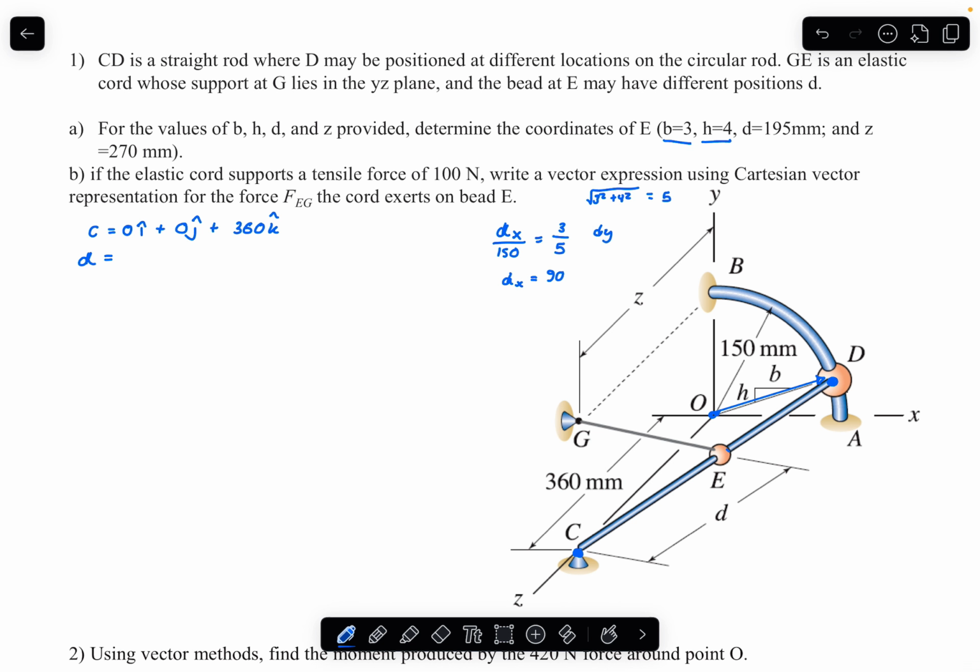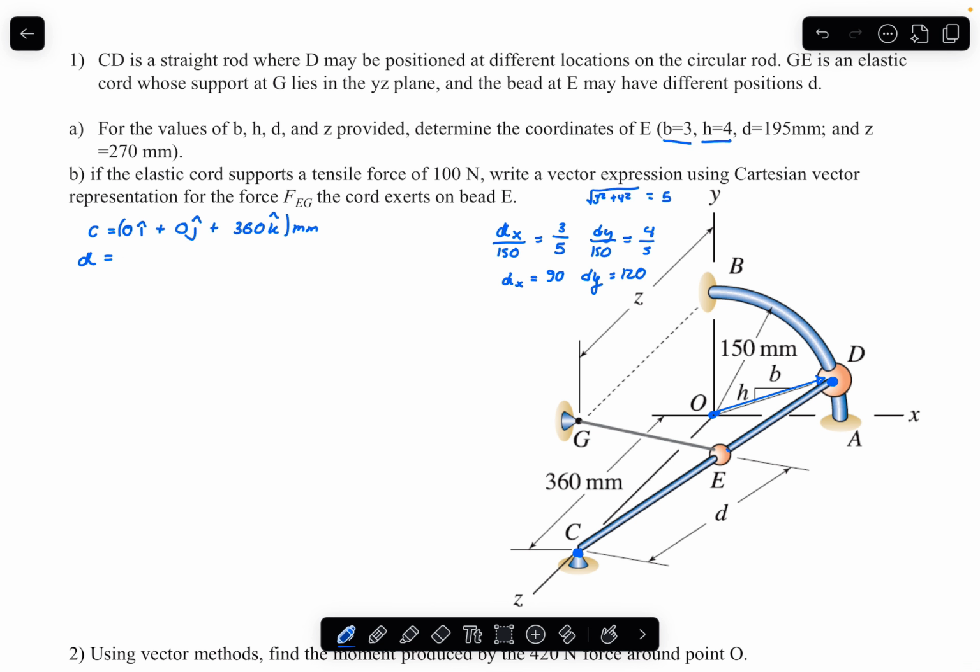Then we have dy is 150 times 4 over 5, and dy is going to equal 120. These are all in millimeters, so make sure you include your units.